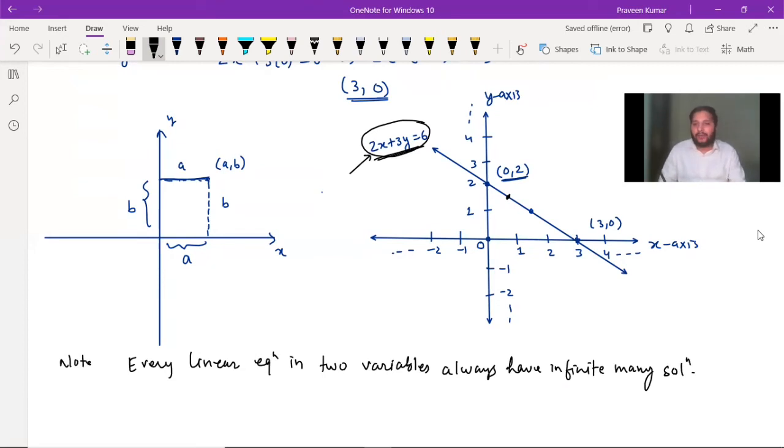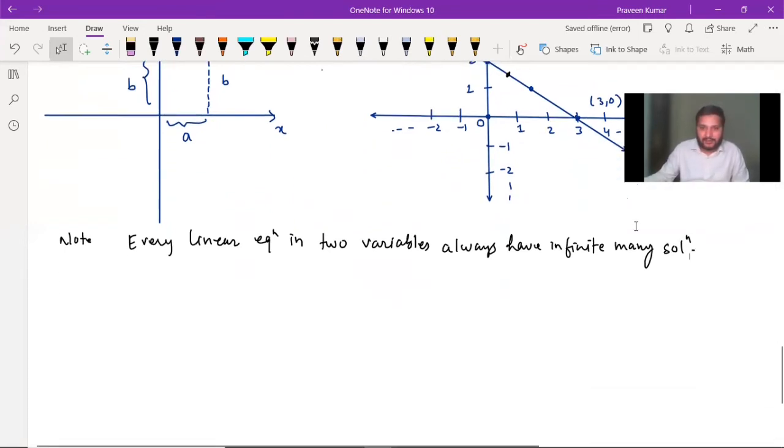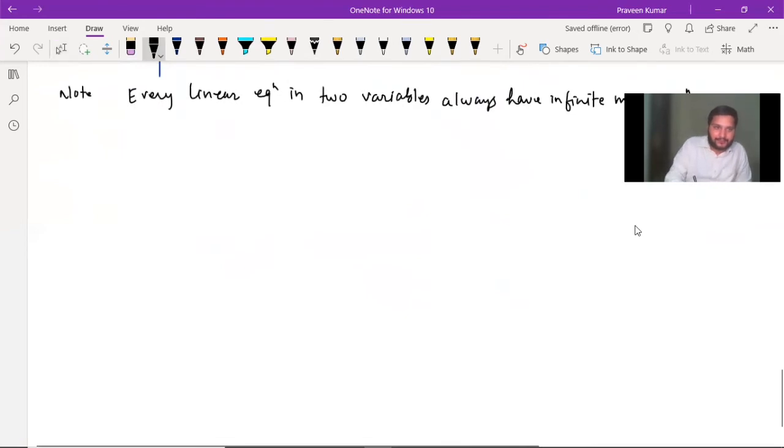Every point lying on the line will be a solution, and every ordered pair satisfying the given condition will be a solution of that linear equation and will lie on the line. Yes. So let us take some examples.